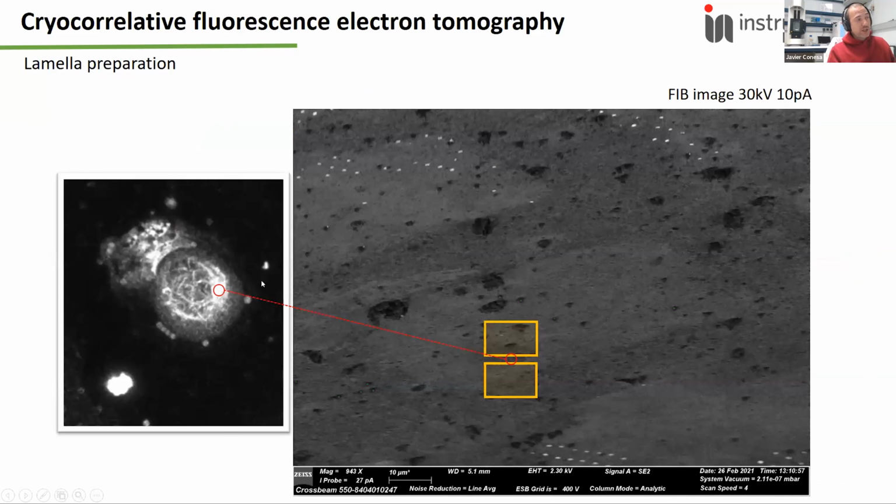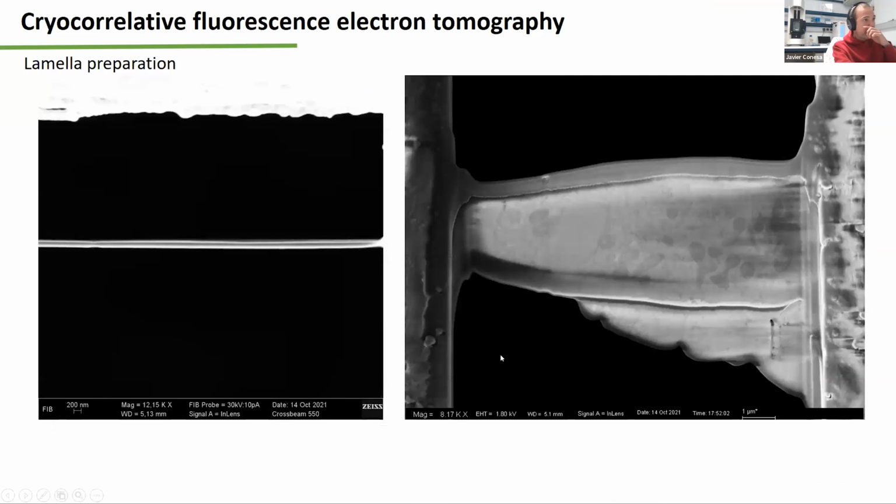And once we transfer the coordinates of the fiducials, we say, okay, our event of interest is located in this specific fluorescence point, that corresponds to this specific region in the FIB-SEM images. So we place here our milling patterns, leaving our area of interest within the lamella.